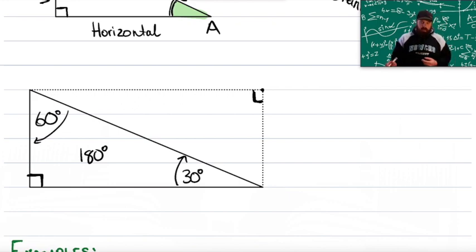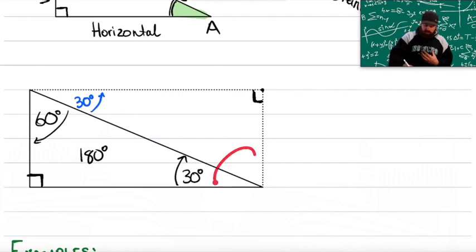Now I know a triangle in total is 180 degrees. This corner here has got to be a right angle because it's a rectangle. So 60 plus what equals 90? 60 plus 30 degrees. So that corner up there is 30 degrees.